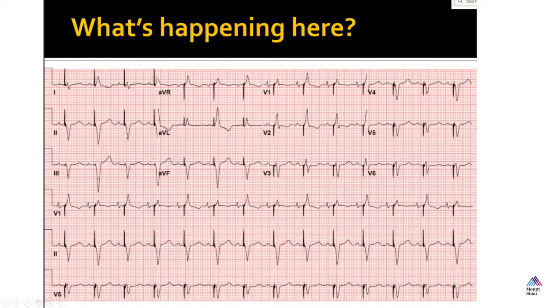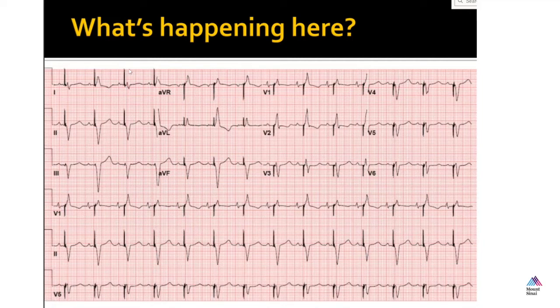And so you get this sort of mixed complex. So you could argue that it should not pace here, right? Because this may be a conducted complex and we would prefer it not to. But the problem is that because the lead is so physically far from the actual AV node, so far down on the ventricle, it doesn't detect a ventricular impulse in time for the other part of the ventricle to have already started depolarizing.